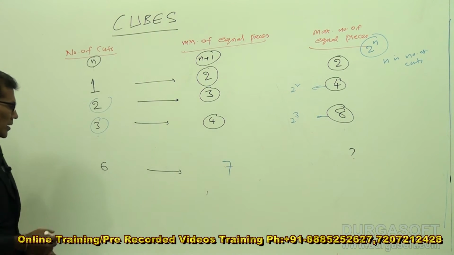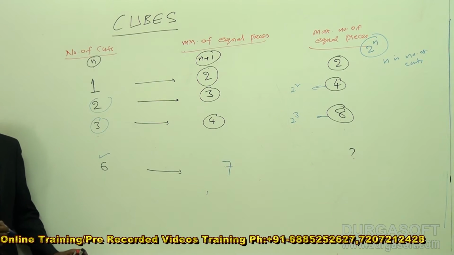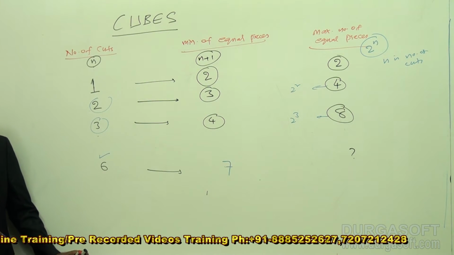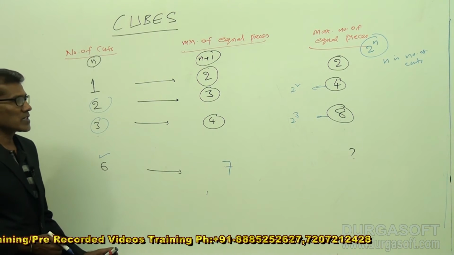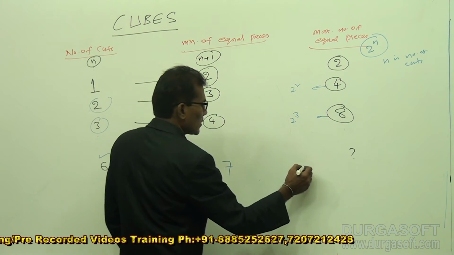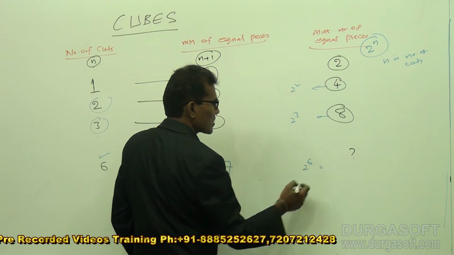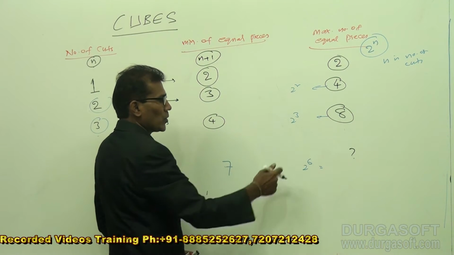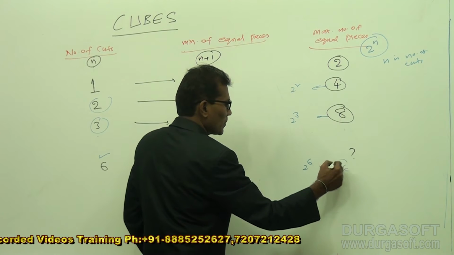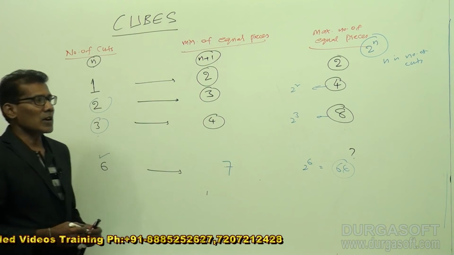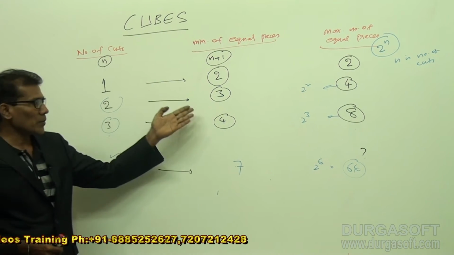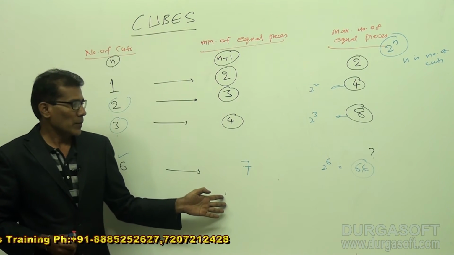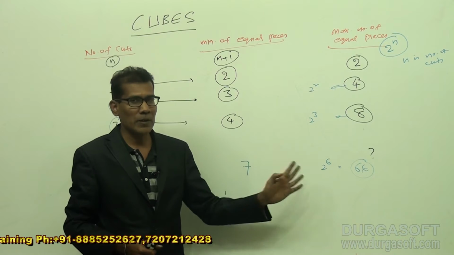In the same way, in the real question, if 6 cuts are used to make the big cube into the maximum number of equal pieces, you can apply 2 power 6. 2 power 6 is 2 power 3 squared, 8 times 8 is 64, which is going to be your answer. This is how, by using the number of cuts, we can find the minimum and maximum number of equal pieces.